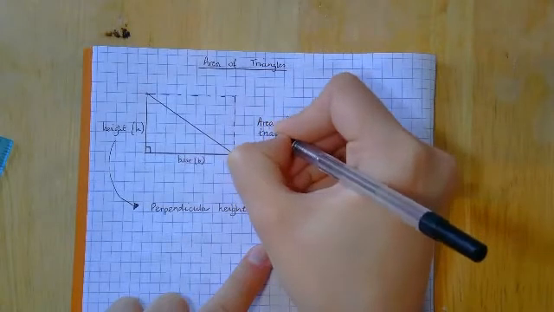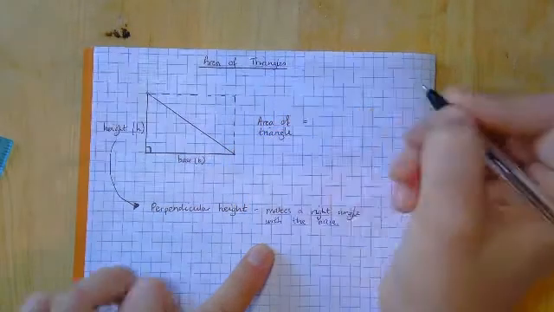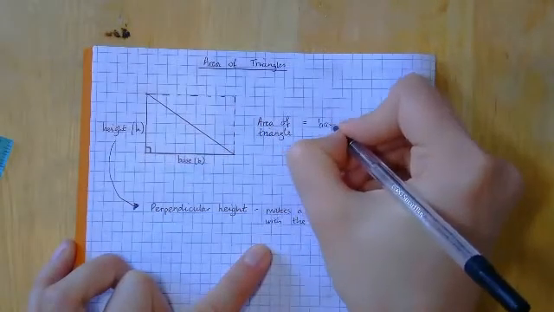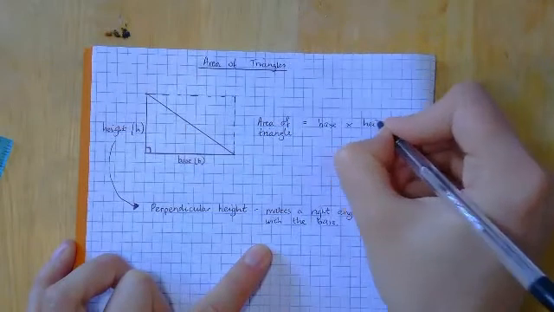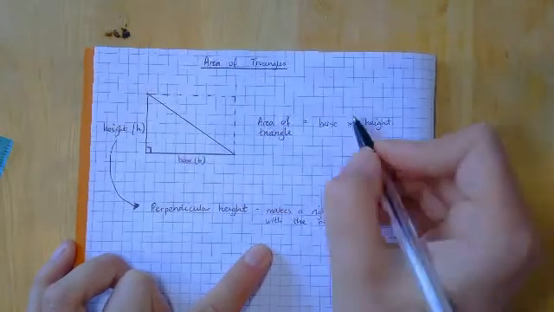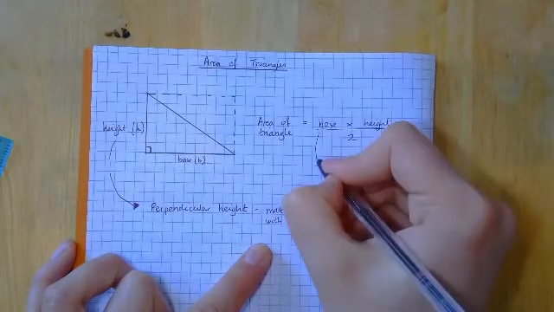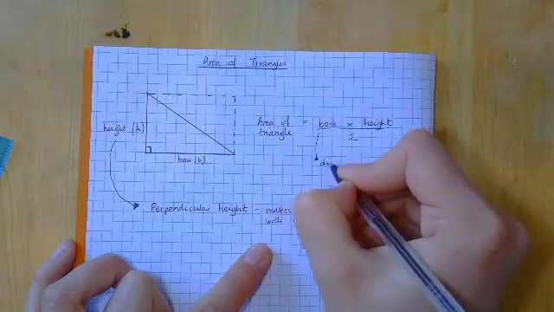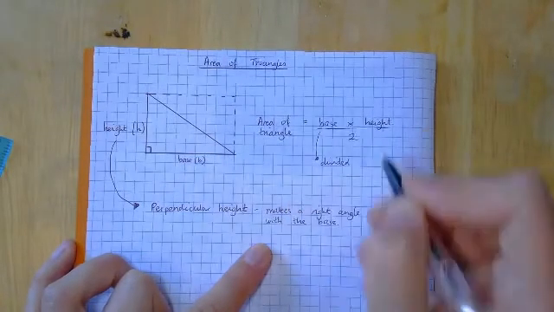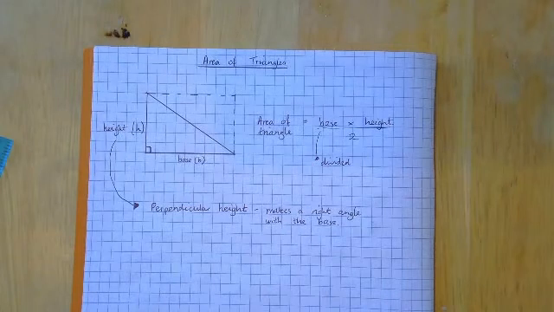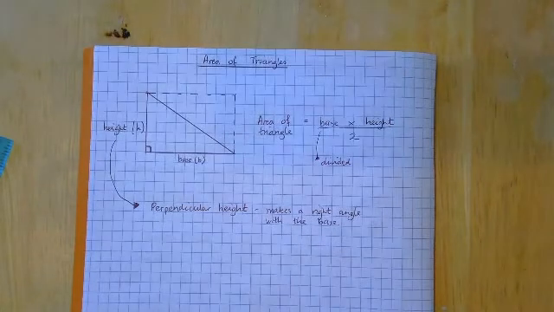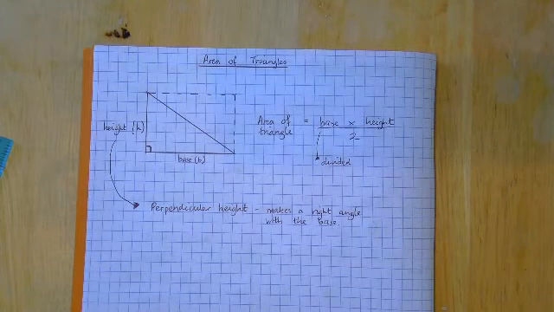Area of triangle equals the base times the height. Now remember, that's the perpendicular height, divided by 2. Just perhaps if that's gone out of your head, that line means divided. So I'm going to do the base times the height, then I'm going to divide it by 2.